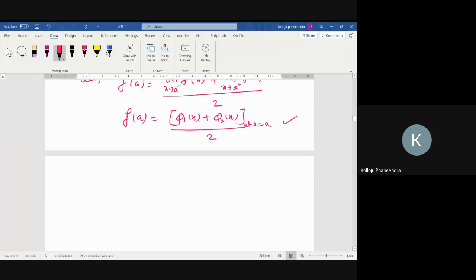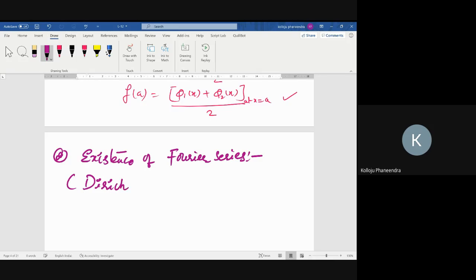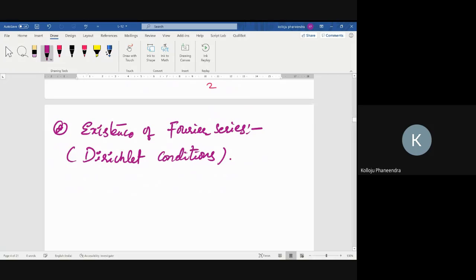And next, another important one, the existence of Fourier series. These are called Dirichlet conditions. What are the conditions?